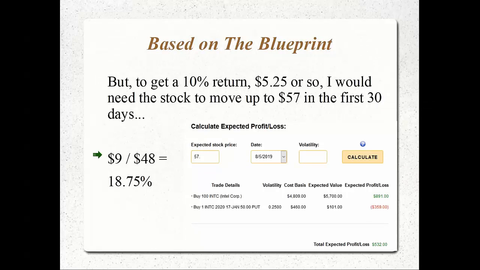That's a $9 increase from the 48.09 we're at now, in 30 days, an 18.8% gain in a 30-day period. The stock would increase almost $9, $8.91, but using the Black-Scholes pricing model, we'd expect the put to lose about $3.60. Overall, the gain in the stock minus the loss on the put, with this gain of 18%, would give us the 10% return.